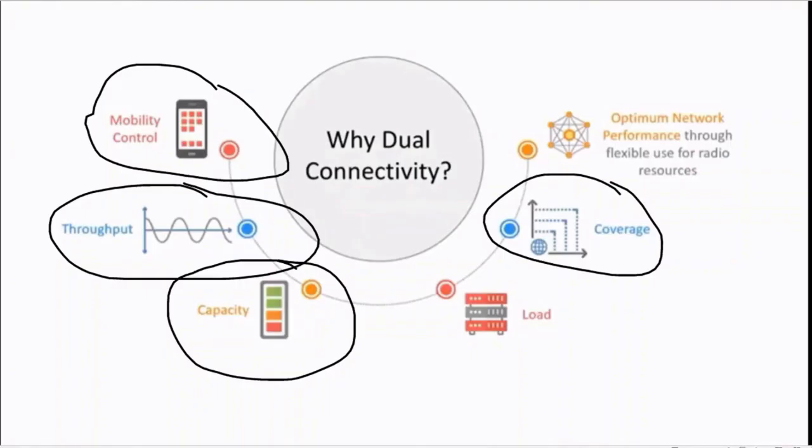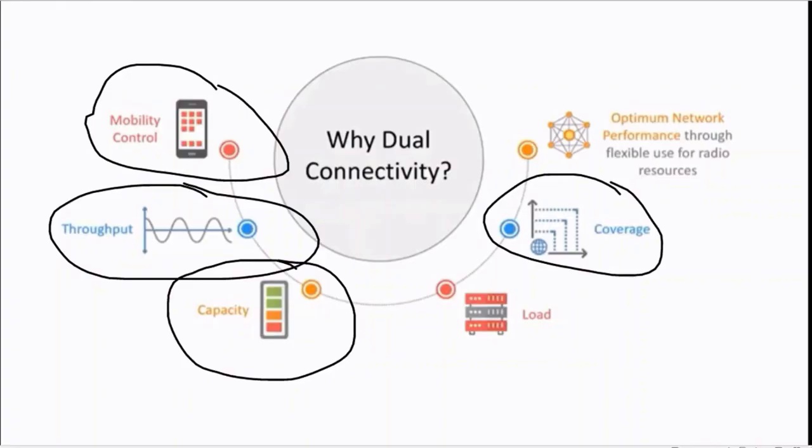Okay, so what you want to do is put the master node on the coverage layer that has the best coverage, right? And we know that you can have higher frequencies for improving the data rates. So with the help of lower frequencies, you can get ubiquitous coverage for the master node, right? And then you can go ahead and use the resources of the secondary nodes to improve the data rate.